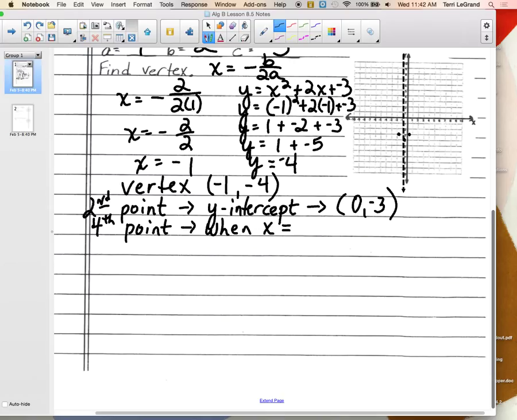So we've used -2, we've used -1, and we've used 0. So we want to use 1, when x equals 1. Then we're going to substitute into our function again. We're going to put our 1 in, and get your y value.